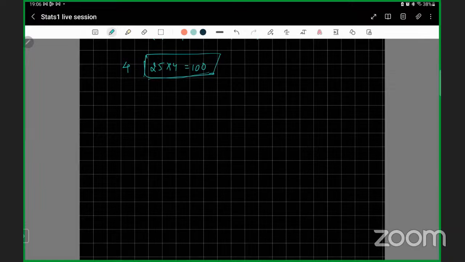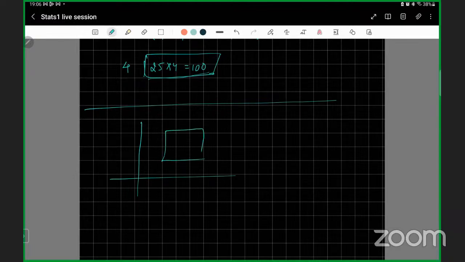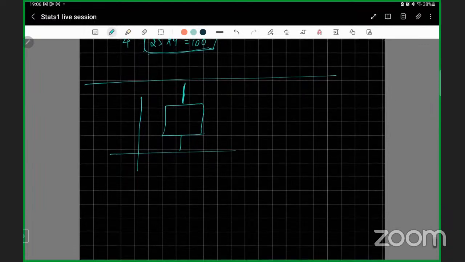Okay, let's check. Interquartile range is what? Q3 minus Q1.